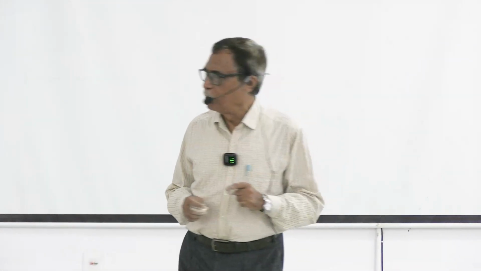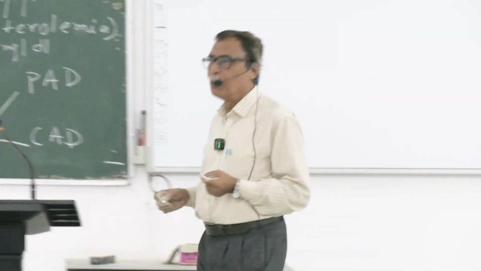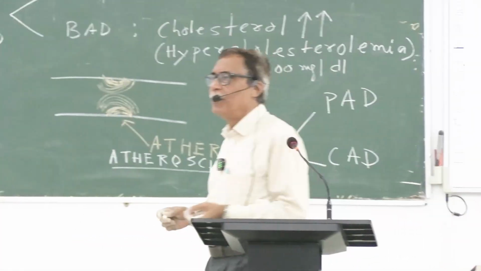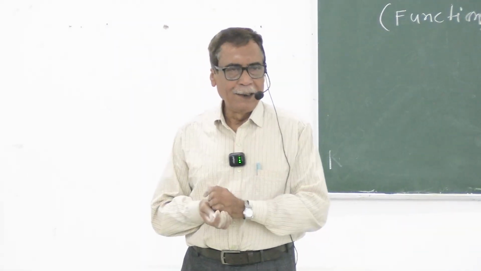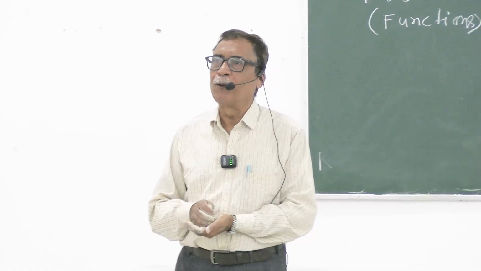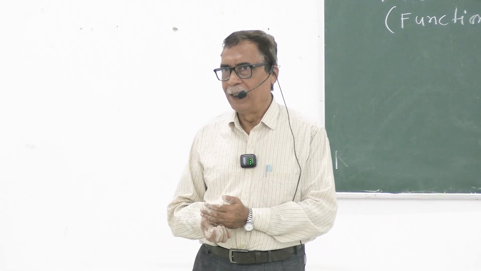It also requires blood for its survival, and that is coming from coronary artery. If the coronary artery is blocked by the hypercholesterolemia, then it will cause coronary artery disease, and the severe form of the coronary artery disease is known as acute myocardial infarction.